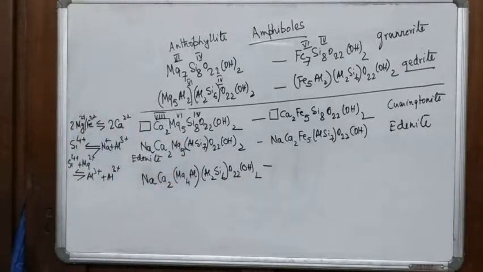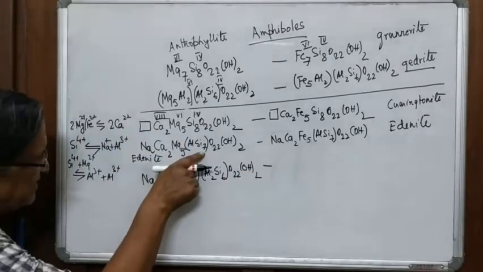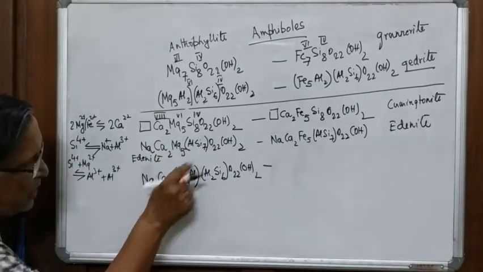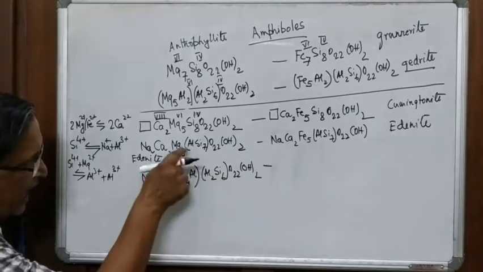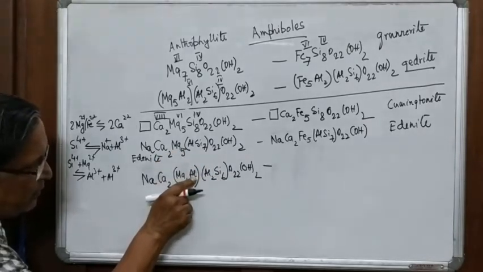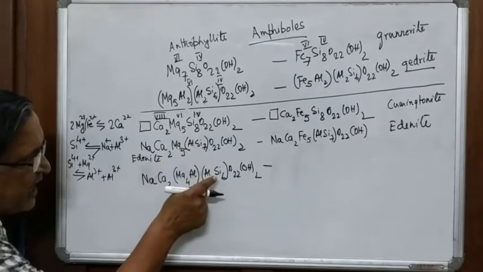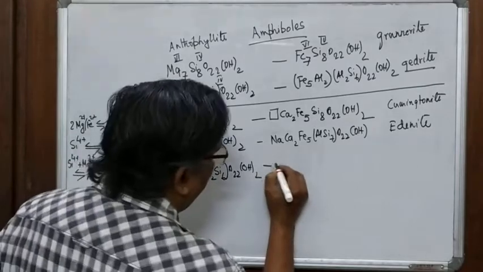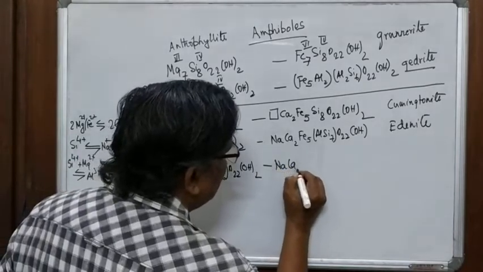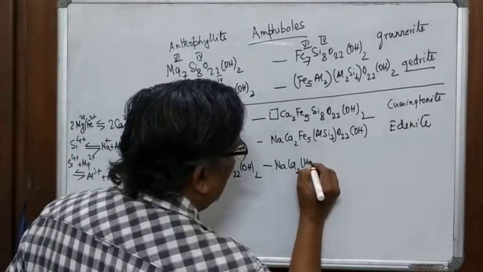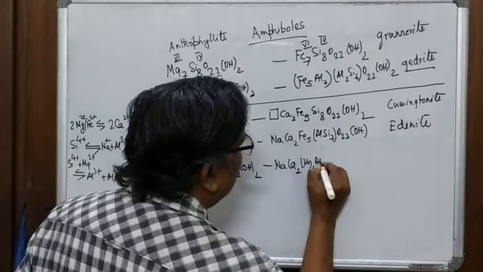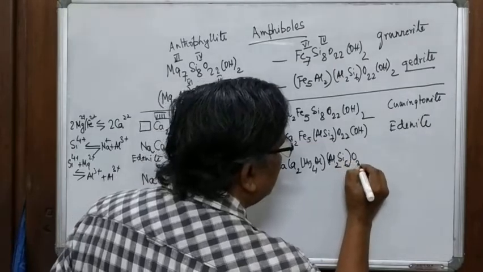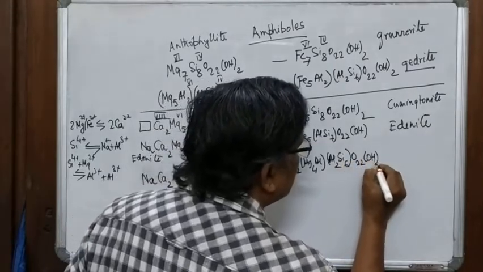So once again, from Mg5 plus Si plus Mg, Mg goes down to 4, silicon goes down to 6, and this position is now replaced by 1 aluminium, and this position adds 1 more aluminium to the pre-existing aluminium. And so you have NaCa2, Mg4, Al, Al2, Si6, O22, (OH)2.